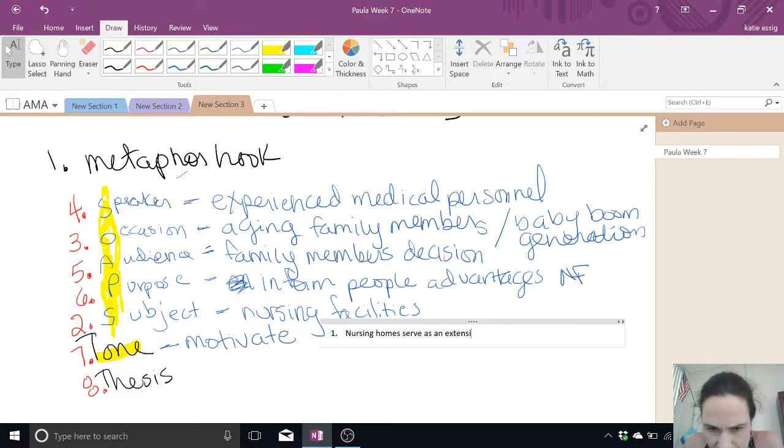Nursing homes are glad to open their doors to loved ones who need help. Okay, this idea about opening their doors. Okay, so that's my creative idea. My goal is that I want you guys to be creative.